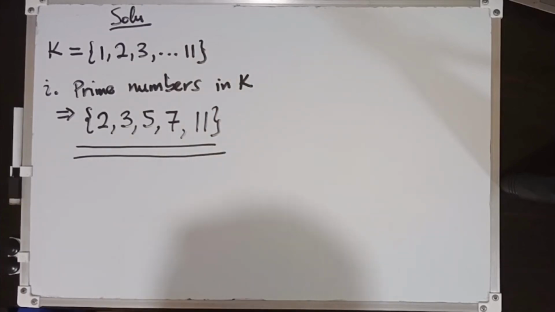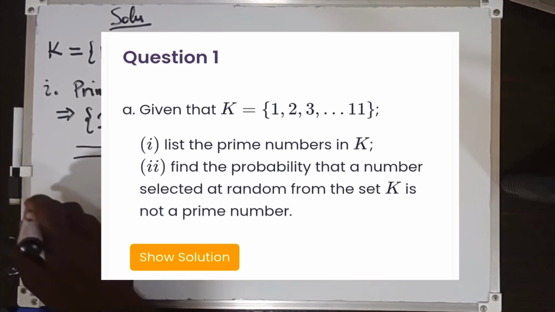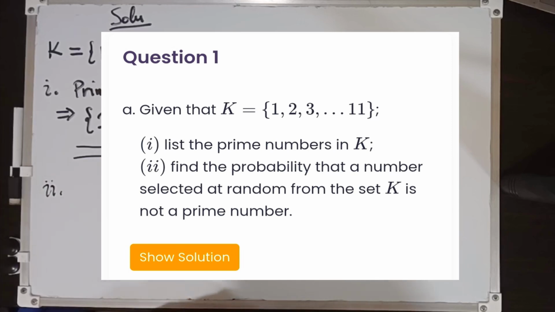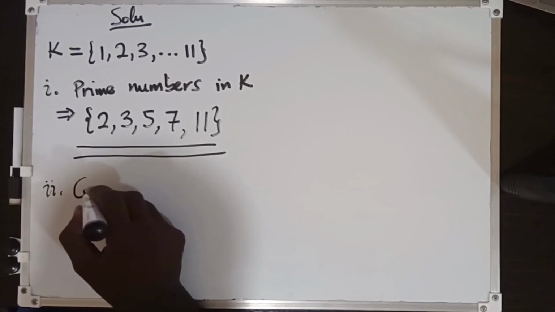And the second part of the question says to find the probability that a number selected at random from the set k is not a prime number. So first of all, we have to also list out the numbers that are not prime numbers, that is composite numbers, in the set k.